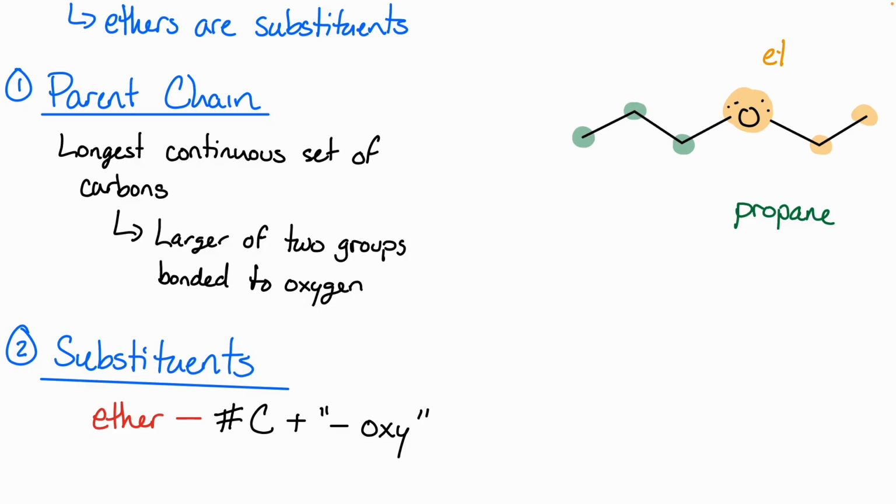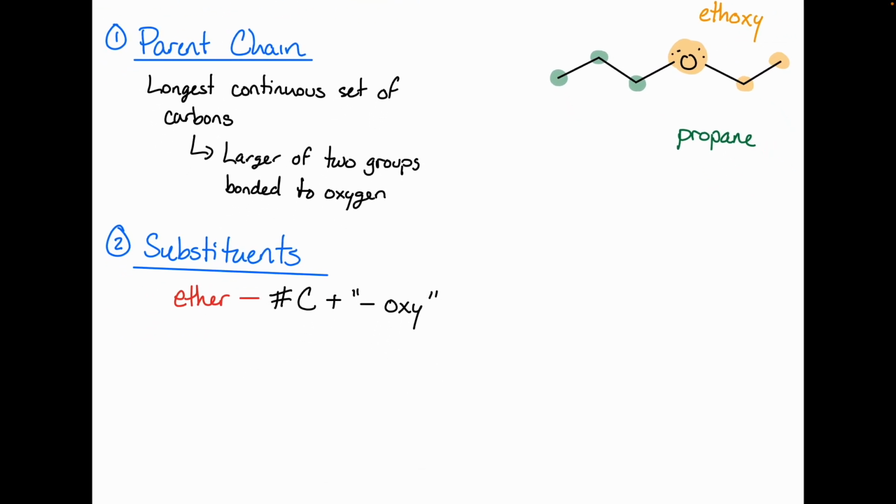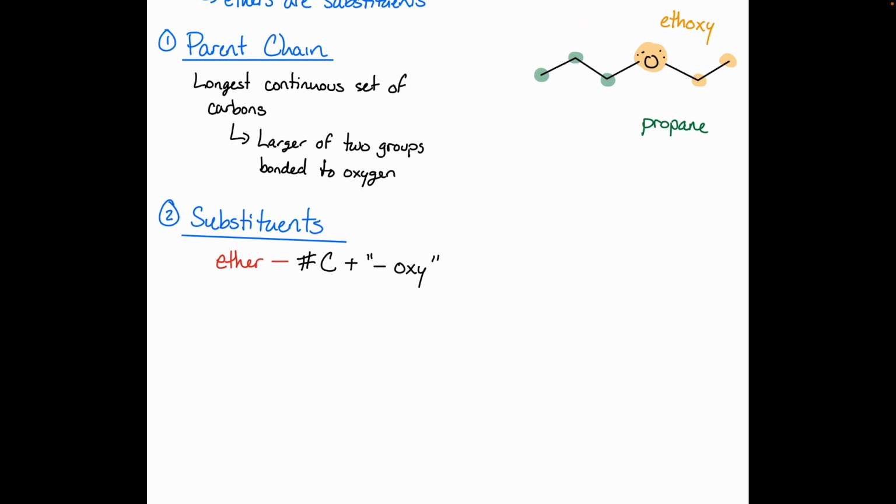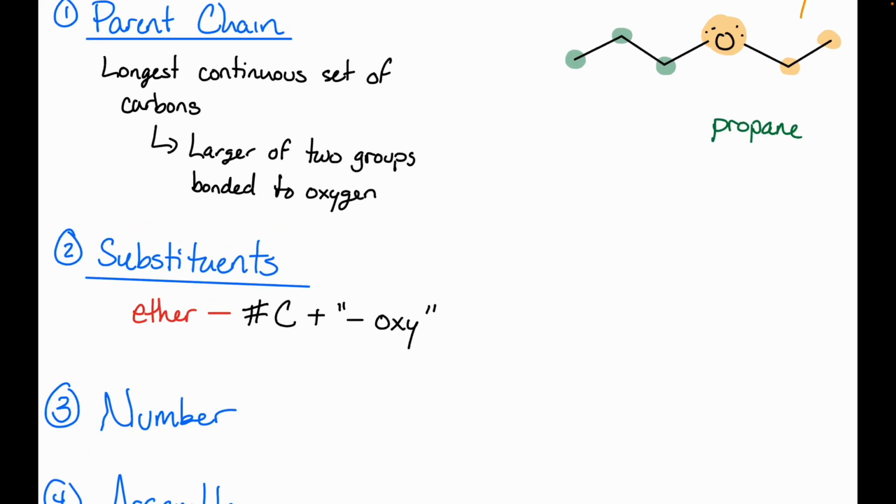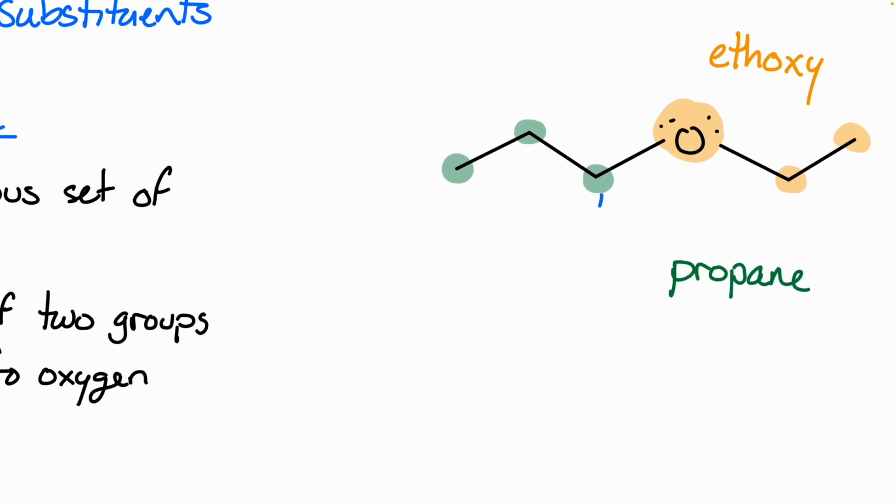And then I'm going to use this new, not ethyl, but since it's an ether substituent, this is an ethoxy substituent. All right, then we number our parent chain, and then finally assemble everything together, and nothing new to add there. So I'm going to number my parent chain. Again, I want my substituents to be on the lowest possible number. So that's going to be on carbon 1. So this would be 1-ethoxypropane, all one word.